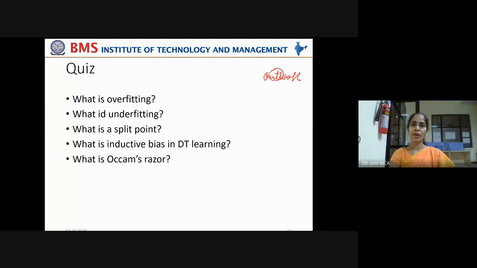So Outlook is called the split point. Now you proceed further, and the information gain of humidity is high, so humidity is the split point. Why? Because it allows us to split the training examples according to some conditions. That is why the nodes in the tree are called split points.